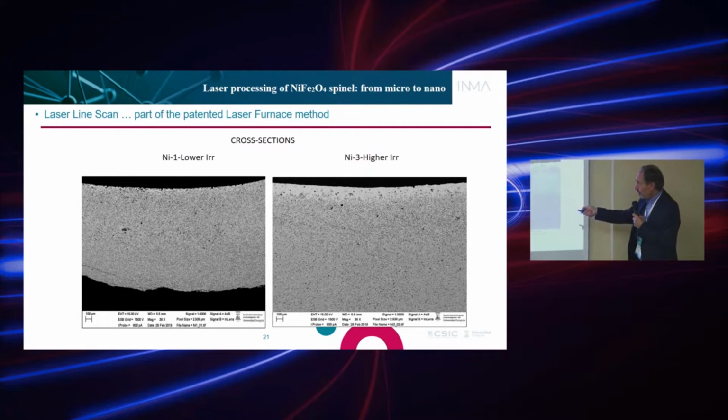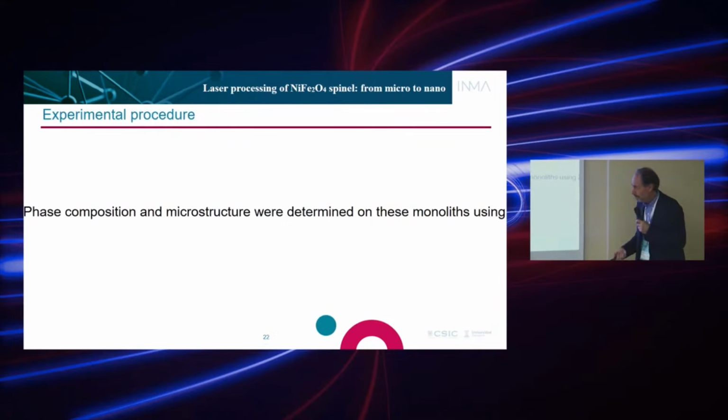And when you go to the most aggressive conditions, you can see you increase the melt layer thickness significantly with respect to the other one, and improve the surface finish. And you also increase the volume, the depth of what we call in laser processing the heat affected zone in the material.